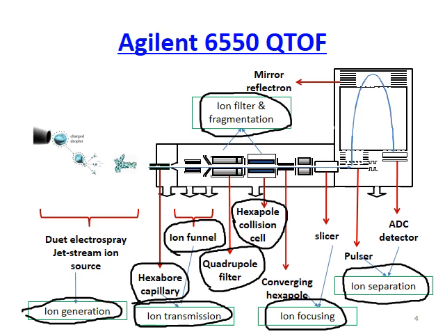After hexapole collisions, ions will be focused by convergent hexapole and also slicer. These two parts, their main function is to make sure before the ions being sent to TOF, all the ions must start at the same starting line.